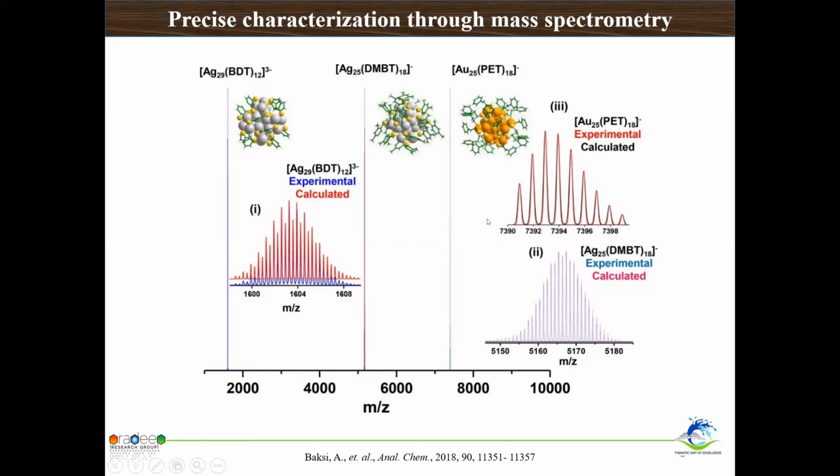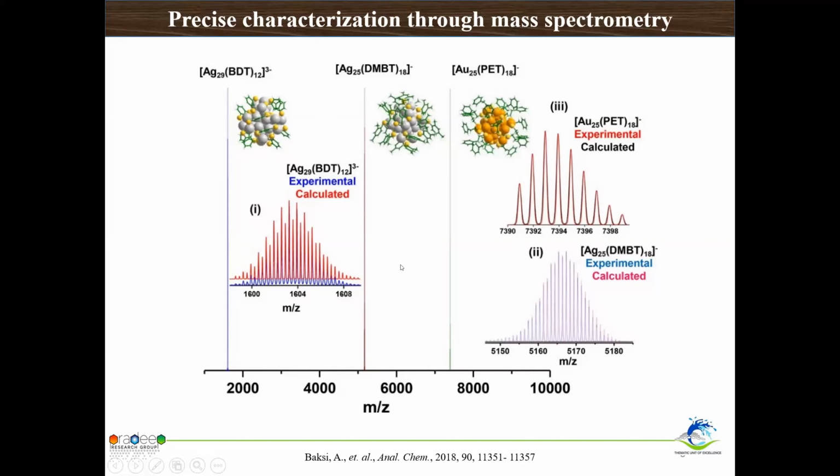To assign the composition, the well-resolved isotopic distribution, as we can see here, is matched with the calculated one. The calculated isotopic distribution patterns of Au25, Ag25, and Ag29 exactly match the experimental ones. So this confirms their composition.